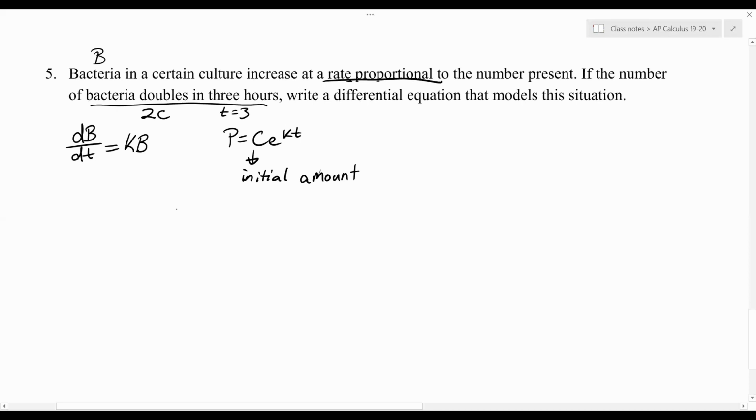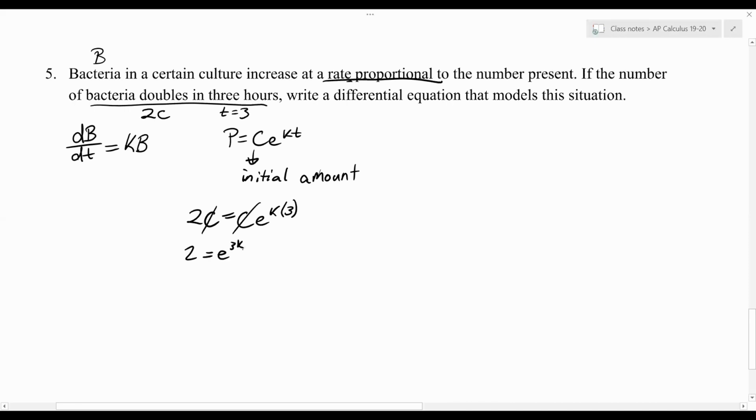So let's write that. 2C, 2 times the initial amount, equals C e to the k times 3. Well, now, if we have C on both sides, we can cancel them out, because if we divide by C, they cancel on both sides. We get 2 equals e to the 3k.